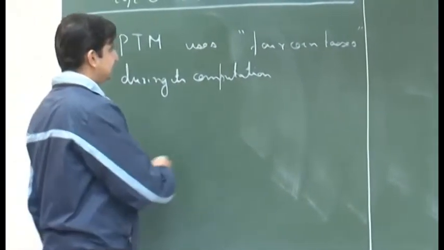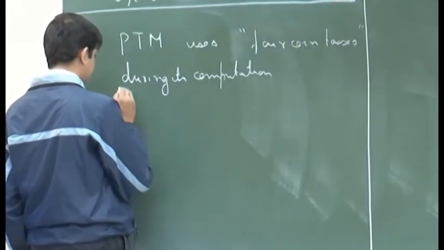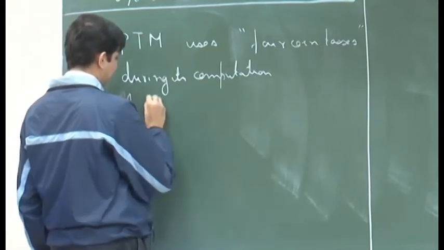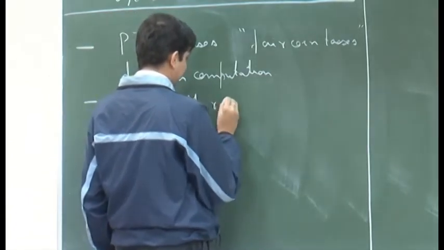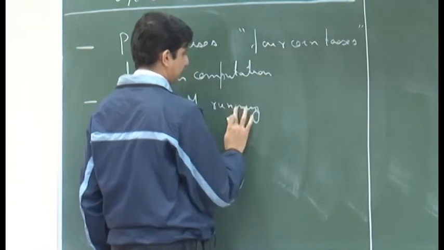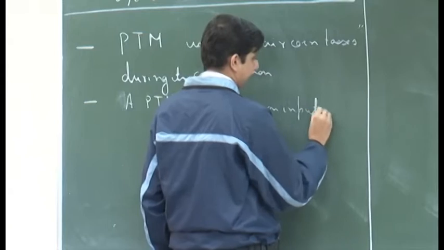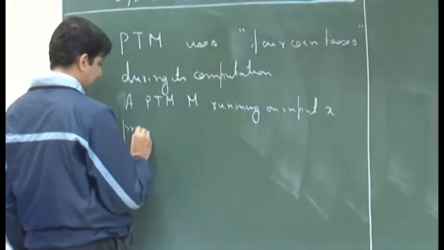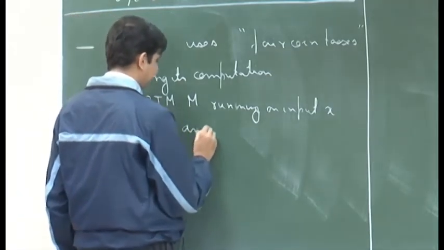Since it has these coin tosses, a probabilistic Turing machine M running on, let us say, an input x produces an output.